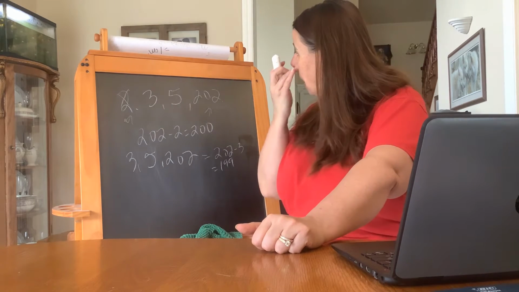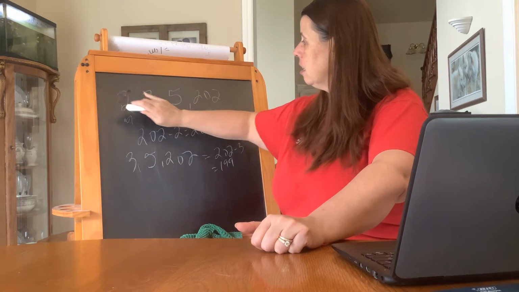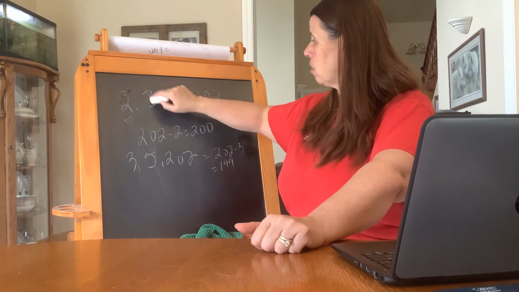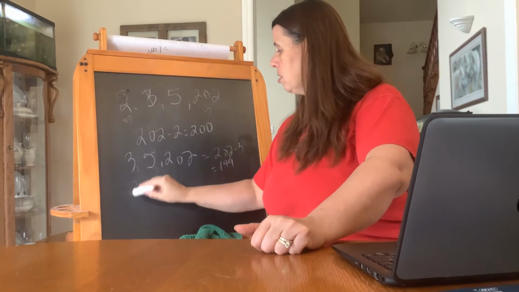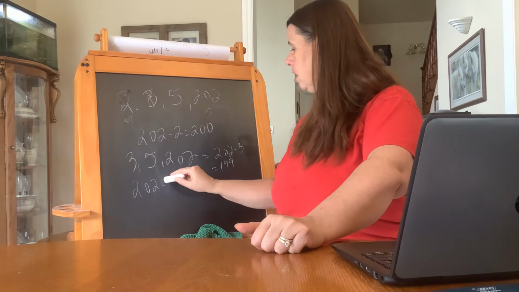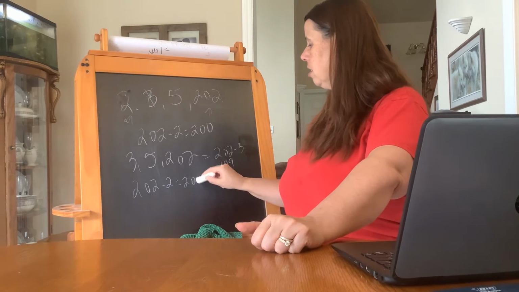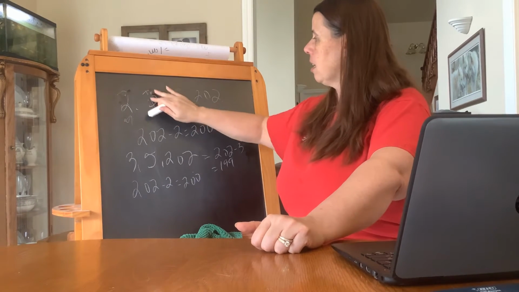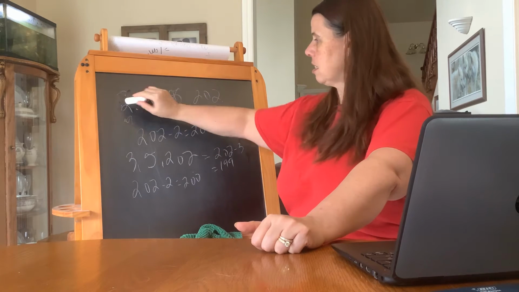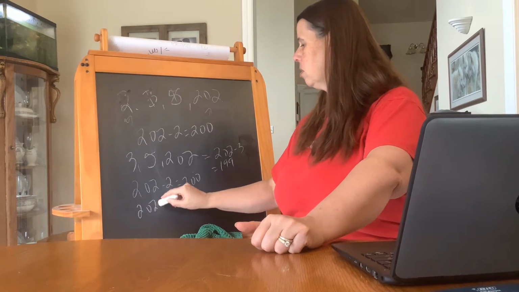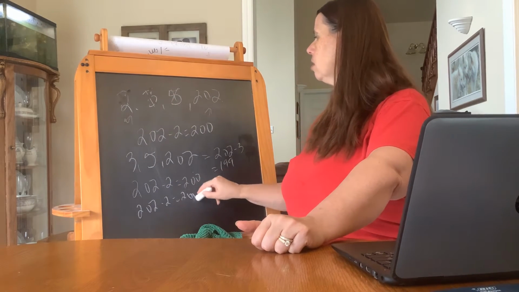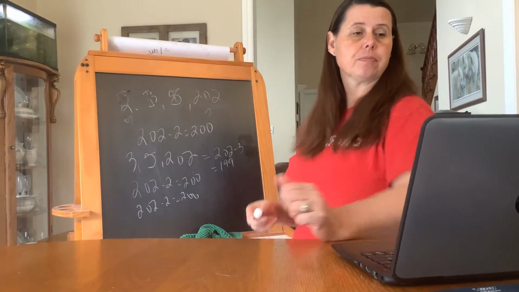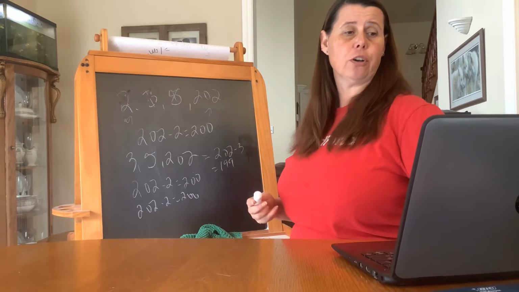Now you're going to put the 2 back in and get rid of the 3. So now it's going to be 202 minus 2 is 200. Now we're going to put the 3 back in and get rid of the 5. Well, it's still 202 minus 2 equals 200. Okay? So we did that for all 3.